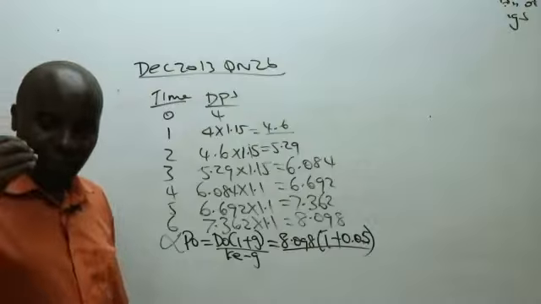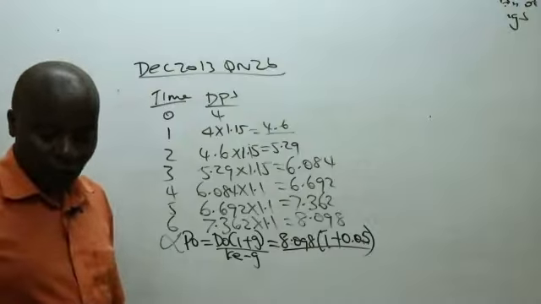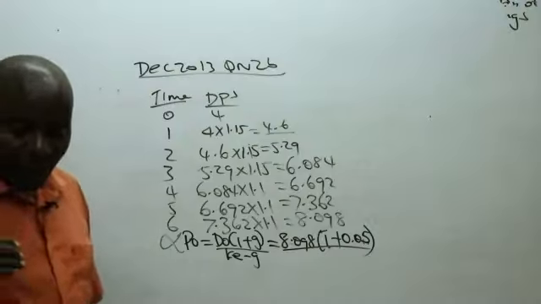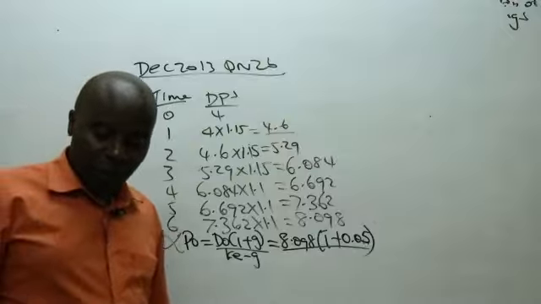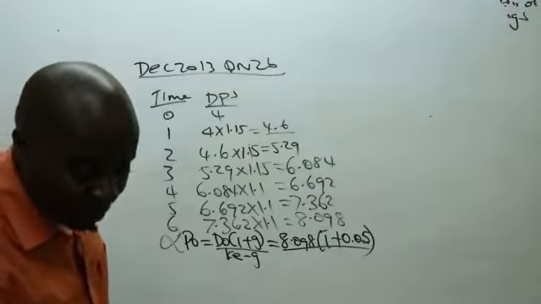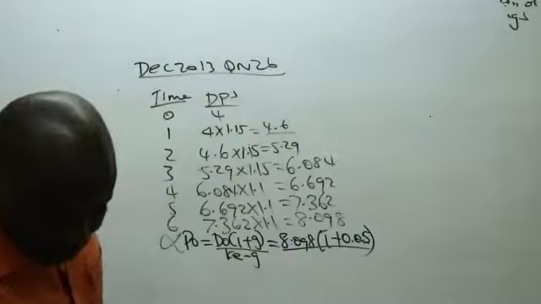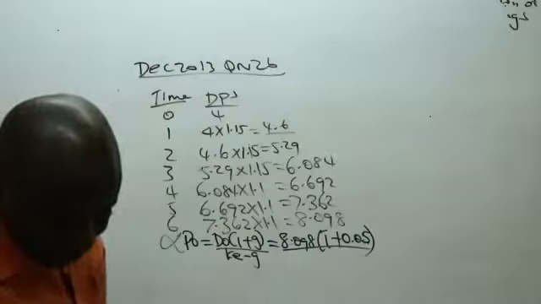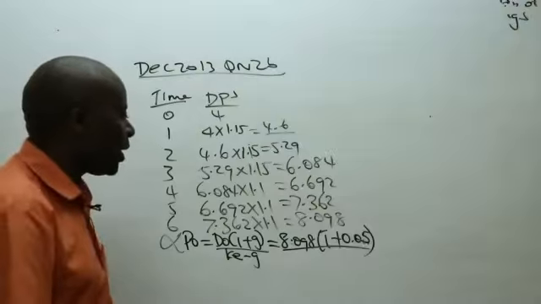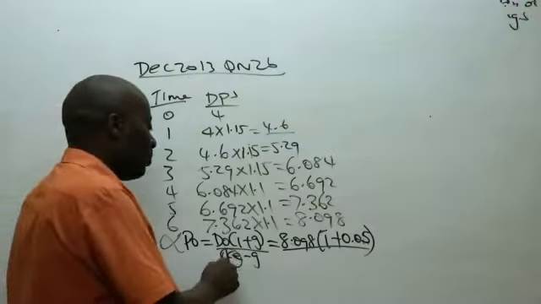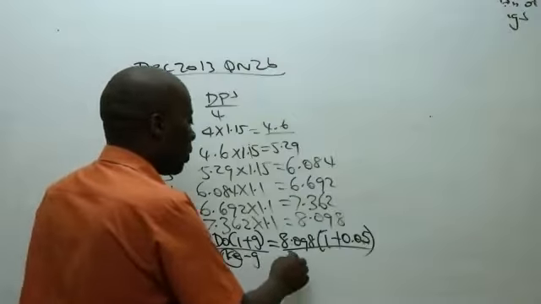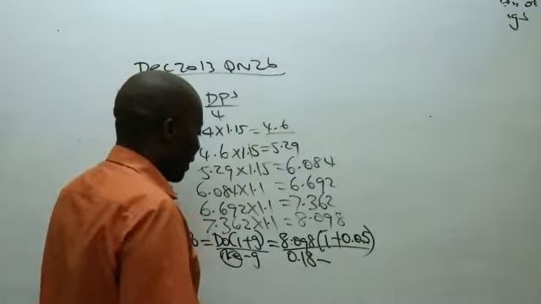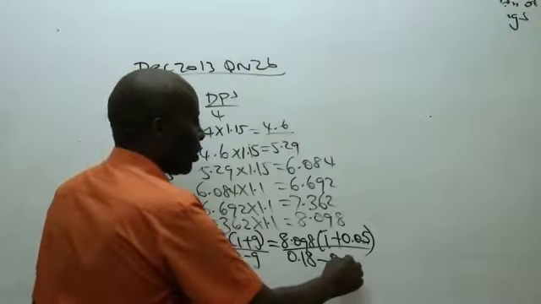But here they gave us expressly the cost of equity. They told us the required rate of return for the ordinary share is 18%. So this is what I'll be using as my cost of equity: 0.18 minus the growth rate, which again is 0.05.